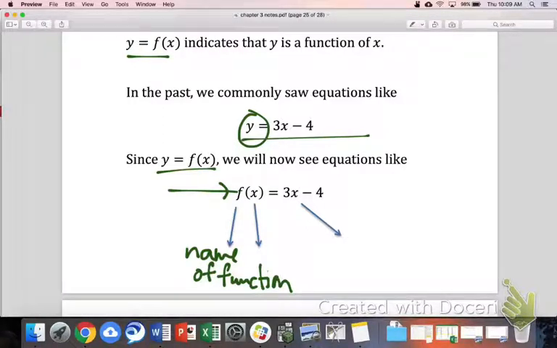I mean, it could have all sorts of different names, and sometimes they'll have a very specific meaning. The x, as you might expect, this is just telling us what the input is. So the name is f, the input is x, and then 3x minus 4, I'm going to call that the rule for the function.